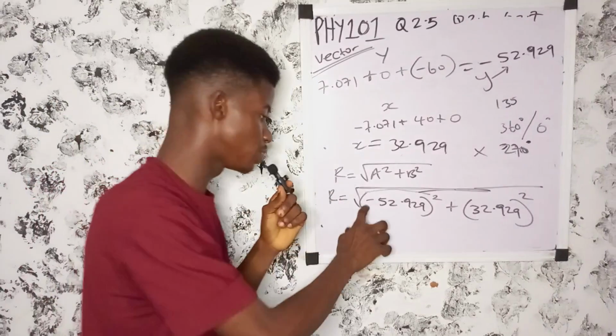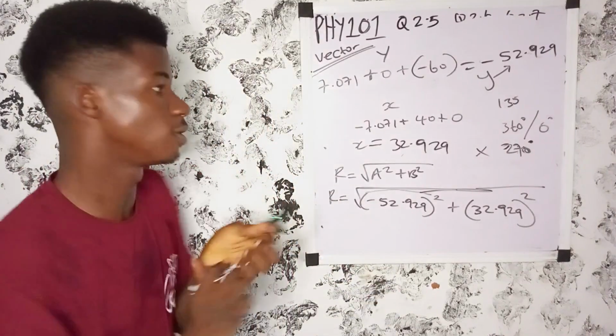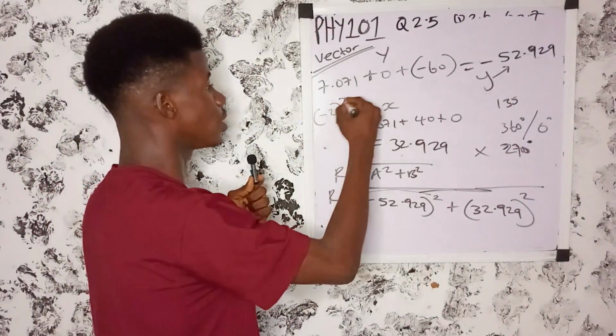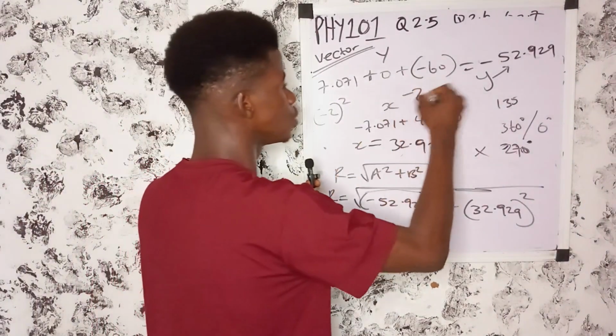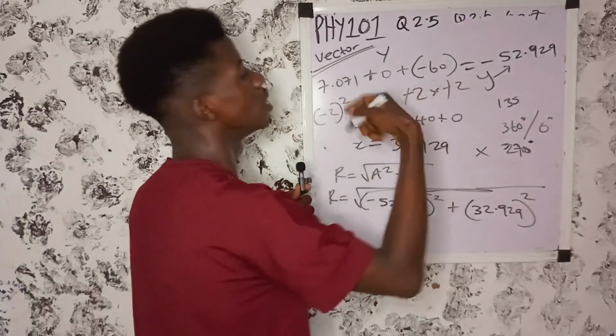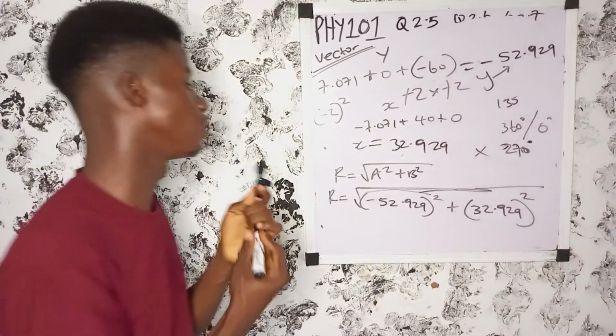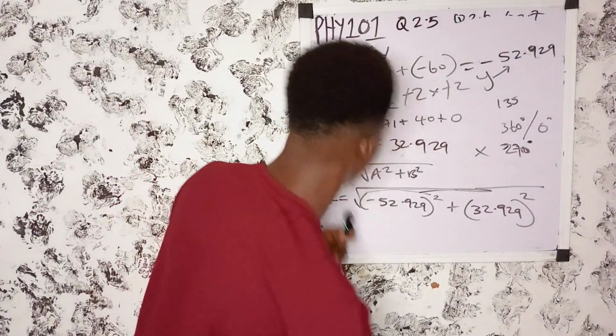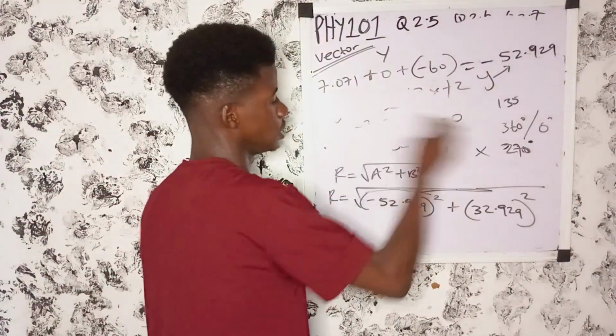Remember, the square of a negative number gives a positive number. For example, the square of minus 2 is minus 2 times minus 2, the minus signs cancel, and 2 times 2 gives 4.